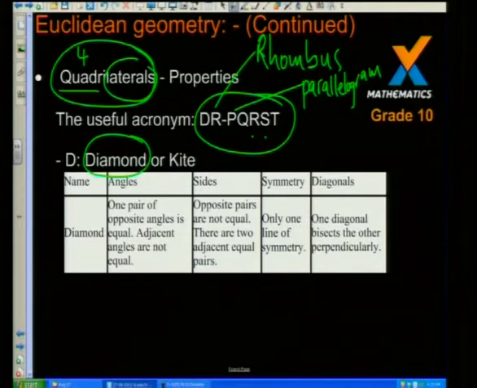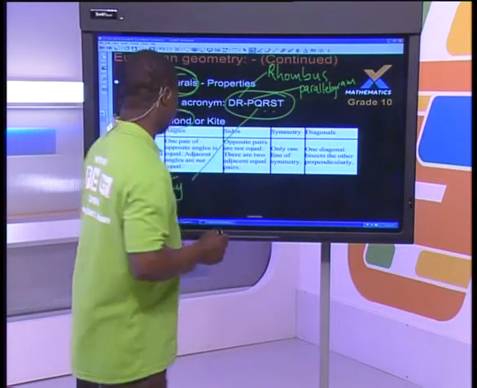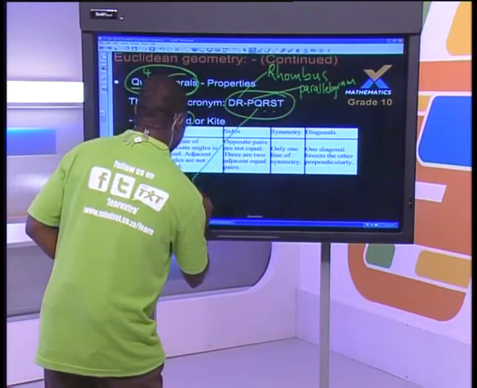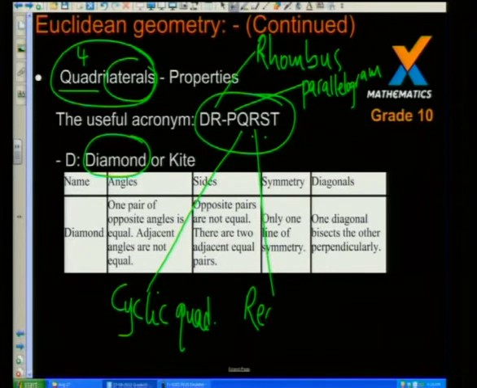I'm taking it slowly because I'm hoping that you're taking notes. Then Q, that would be a strange one for you. Let me call it a quadrilateral that fits inside a circle. It's got no special properties except that it's inside a circle, so we call it a cyclic quadrilateral. Then the R stands for rectangle.